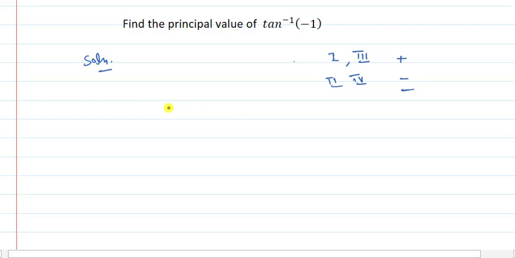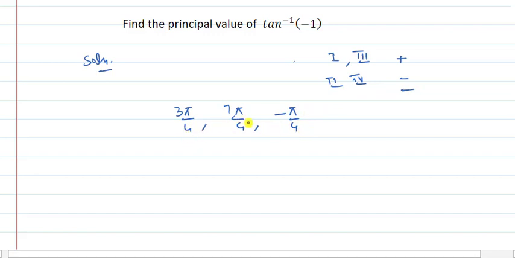It is 3 pi upon 4, 7 pi upon 4, minus pi upon 4, because as I told you in case of sine inverse function that there is one more way to move to the fourth quadrant, and this is by taking the negative of the angle.